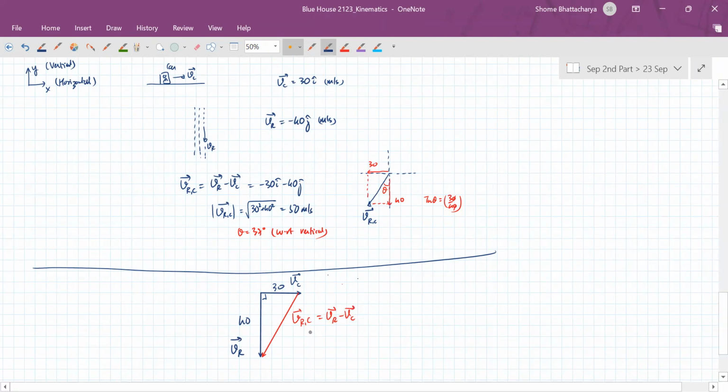So now you can see that since this angle is 90, and now with respect to the vertical, this angle is theta. That's the same as this angle.